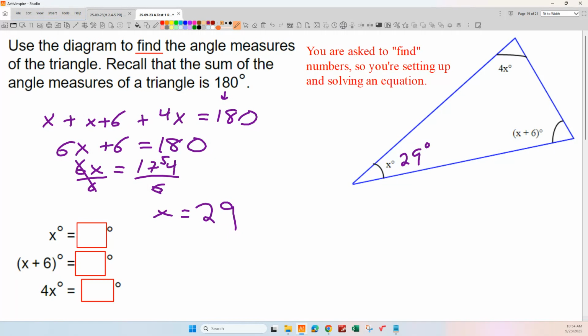So 4 times 29 must be 4 less than that, because instead of 30 4s, I've only got 29 4s, right? 116. And then x plus 6, well, 29 plus 6 would just be 35.